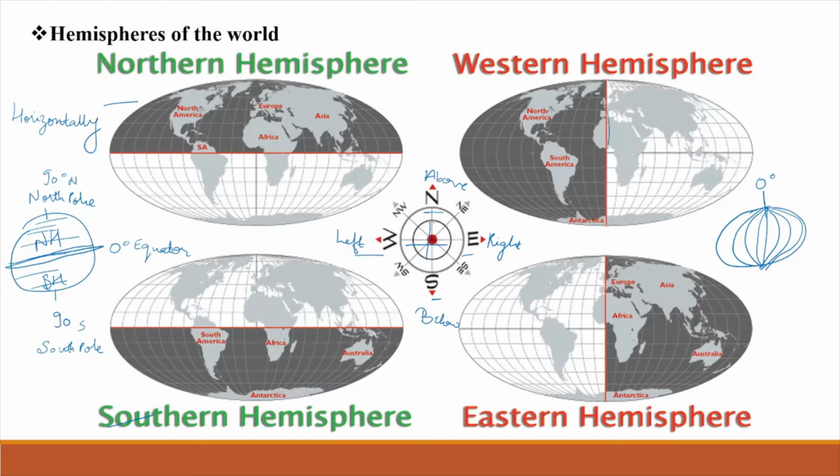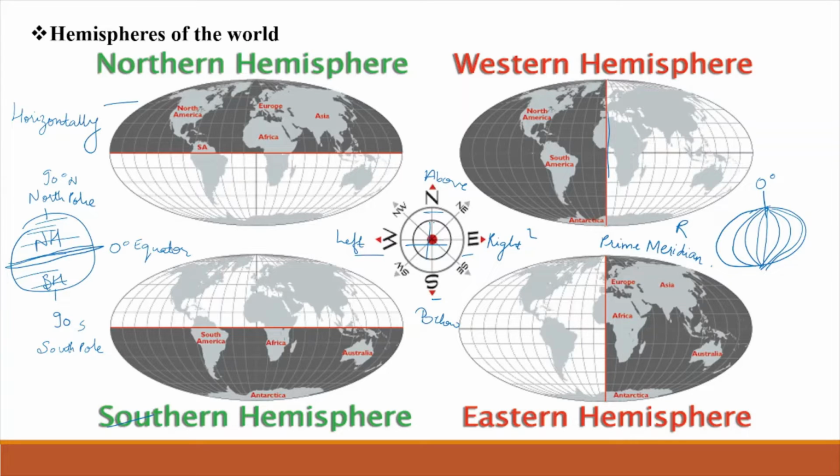If you can see this red line over here, this is known as the prime meridian. Again we have two sides, one on the left and the other on the right. So again we get two different hemispheres. The one on the left side will be known as the western hemisphere, whereas the one on the right side will be known as the eastern hemisphere.